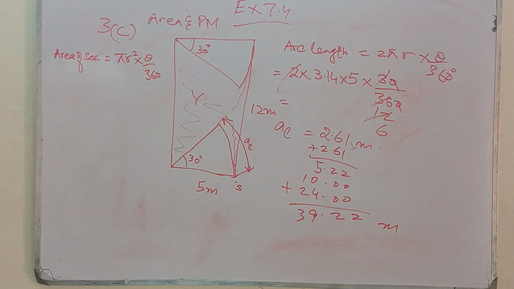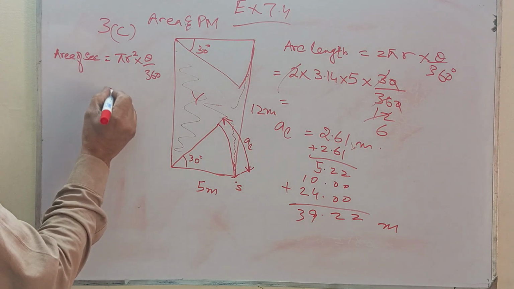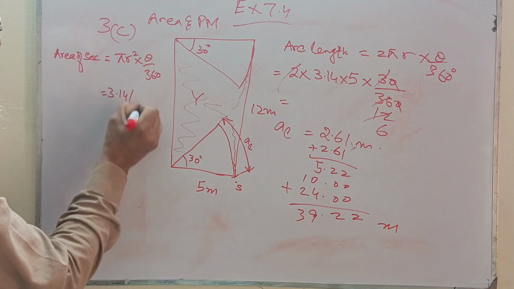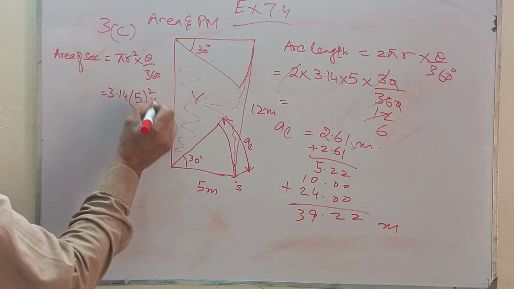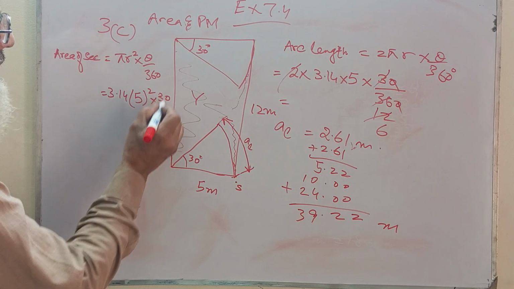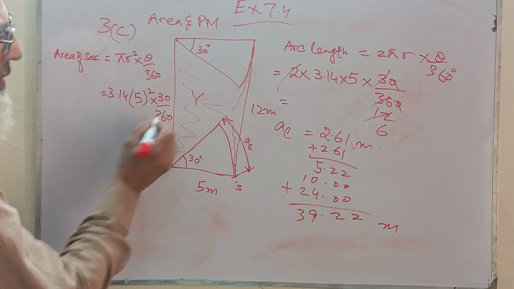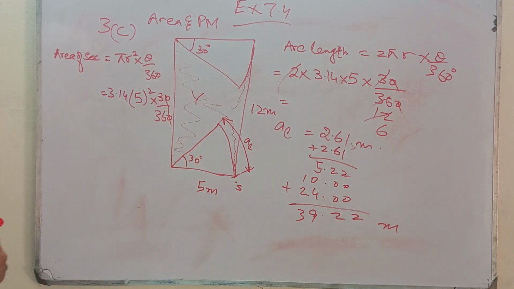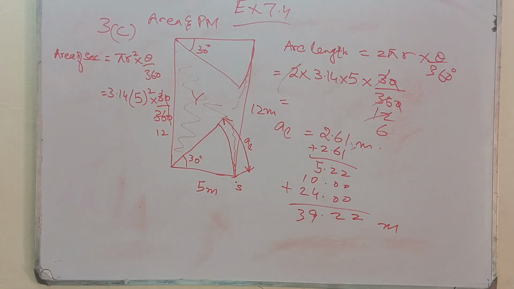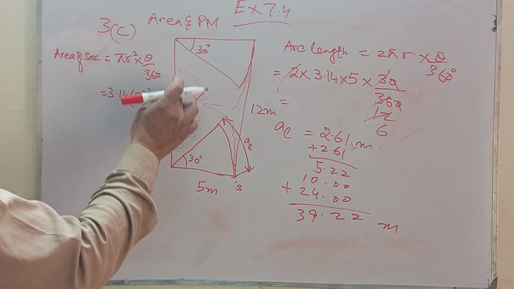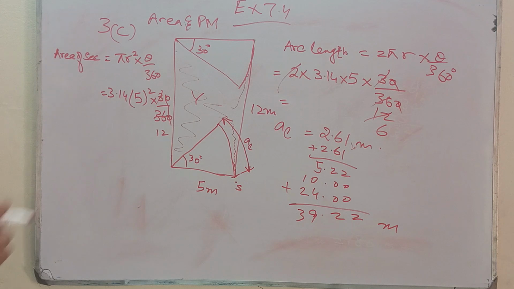It will become 3.14 multiplied by 5 the whole square, and theta is 30 divided by 360. Cancel the 3 with this and this, so it has become 1 upon 12.